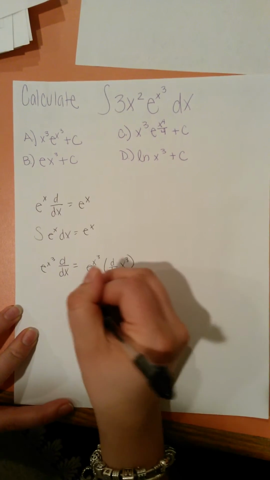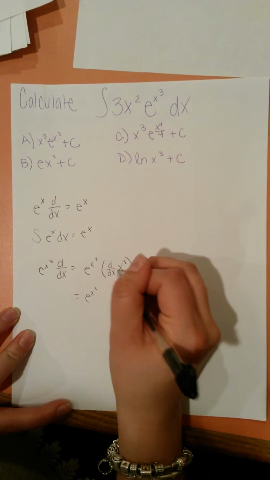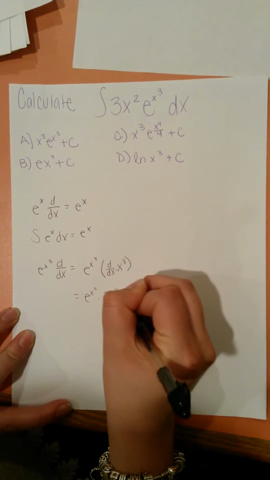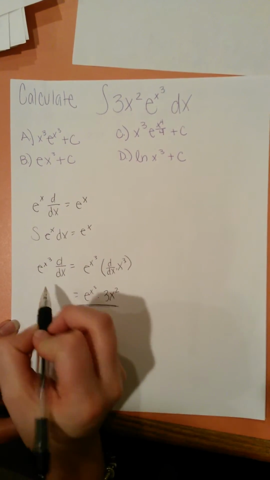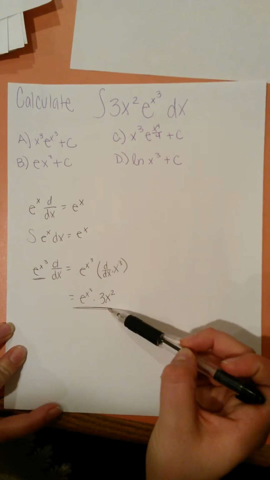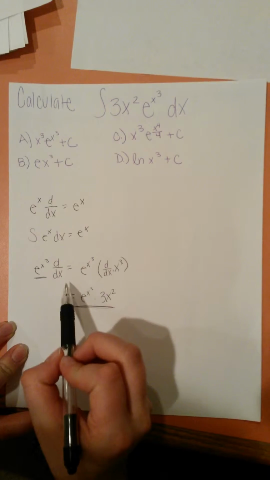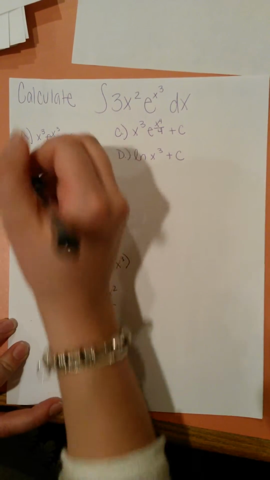So we get e to the x cubed times 3x squared. If this is the derivative of that, then the antiderivative of what we just got is this. So that takes us to b.